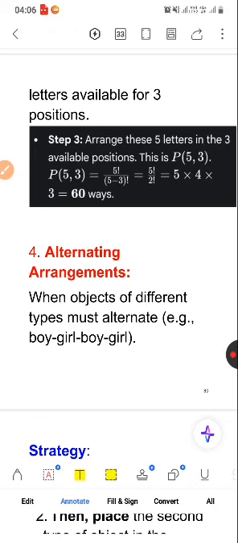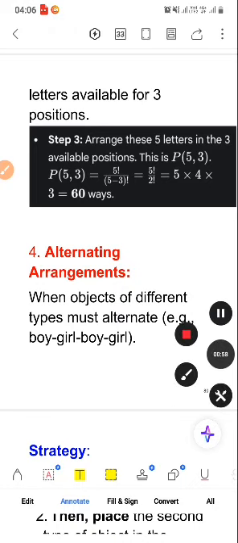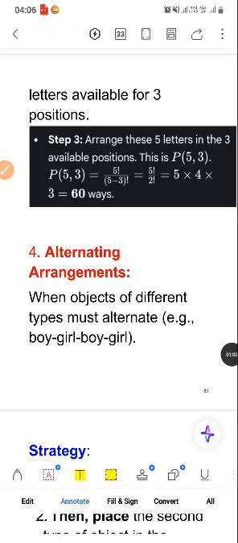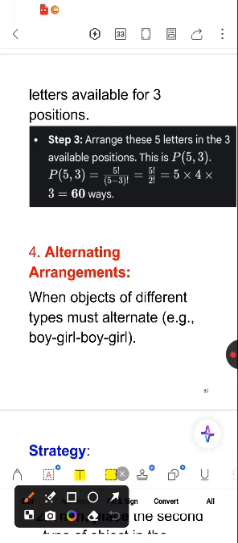We had a total of 7 letters, and 2 letters were already selected, therefore we were left with 5 letters, and out of these 5 letters we were to select 3 letters to fill those 3 spaces in between the A and the J. We took the permutation of 3 out of 5 letters, and we got a total of 60 ways.